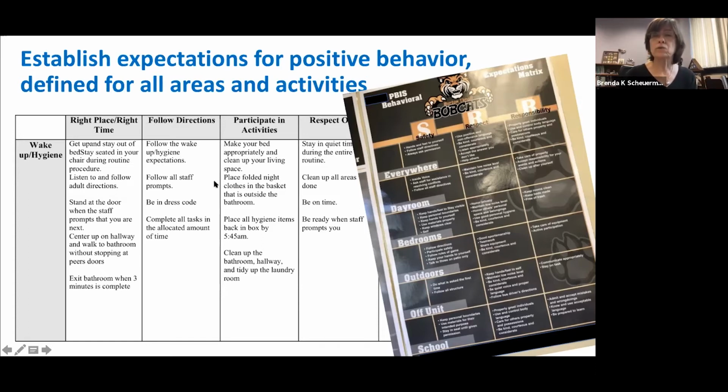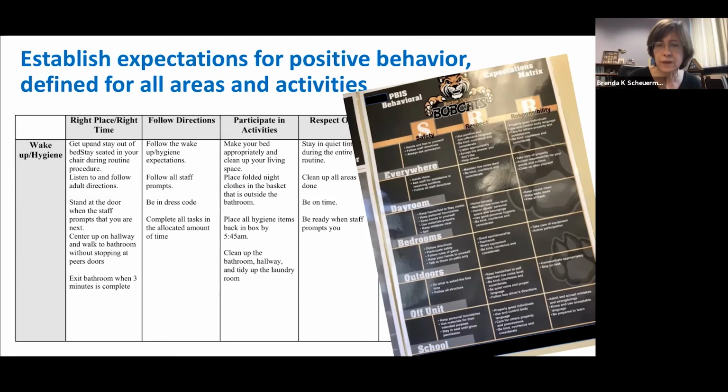Now, what you don't see in this slide is how many passes it took, how many iterations we went through to get to these final products. Spend some time on this. Spend the time that is needed to get to clearly defined, observable behaviors in all areas of the program, because this will be the core for everything else that you do.